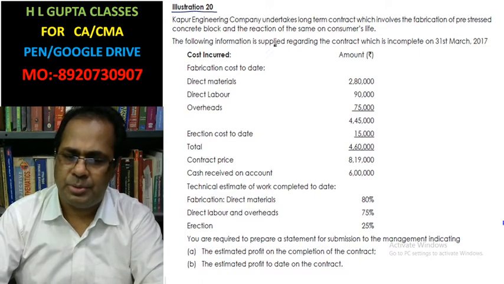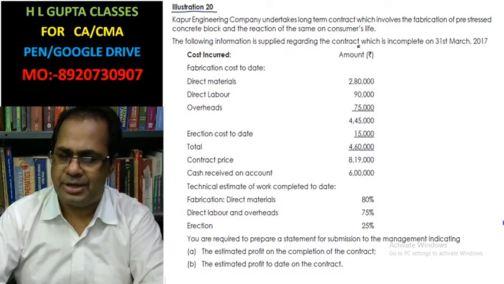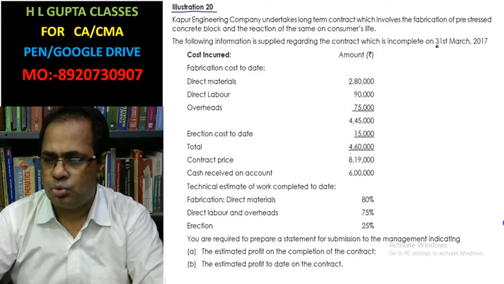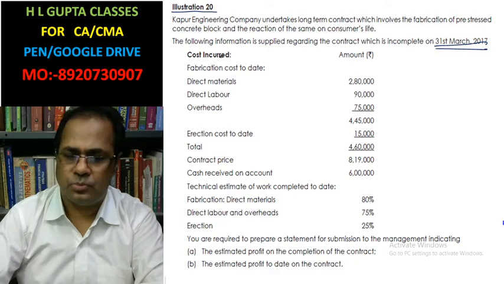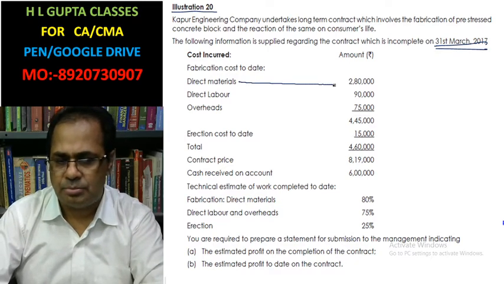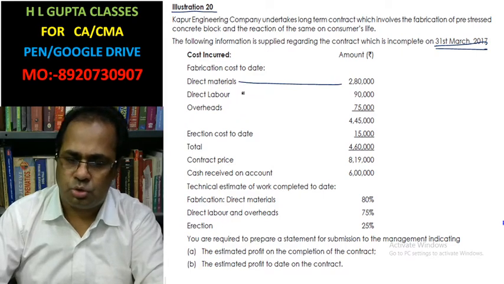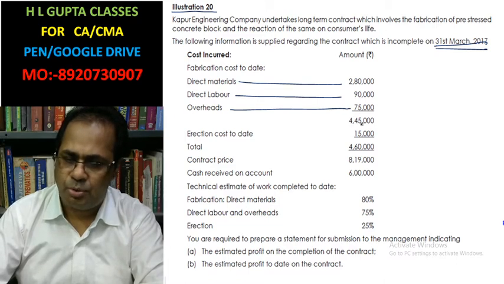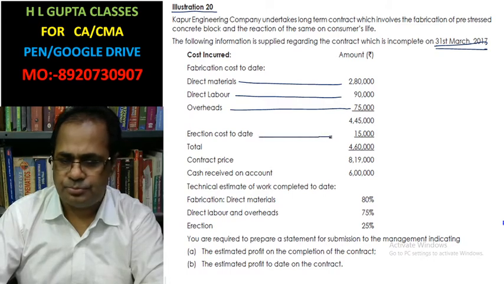The following information is supplied regarding the contract, which is completed on the 31st March 2017. Fabrication costs are given: material 2,80,000, direct labor 90,000, overhead 75,000, total cost of production 4,45,000.